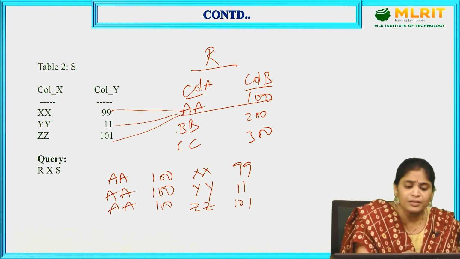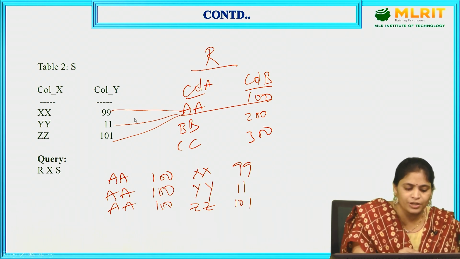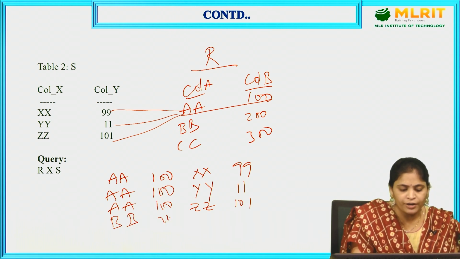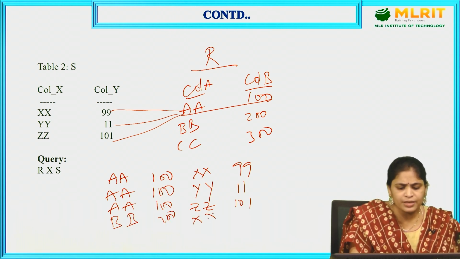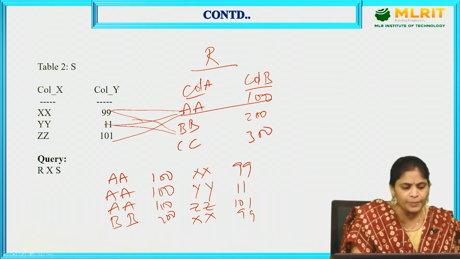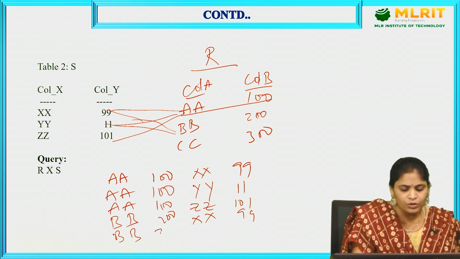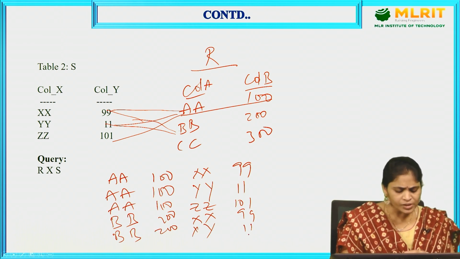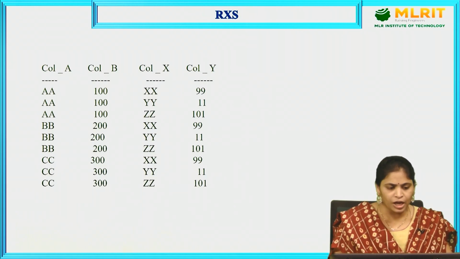In the same manner, the second row will be mapped with all three rows: BB 200 with XX 99, and BB 200 with YY 11. In the same way we get the output.